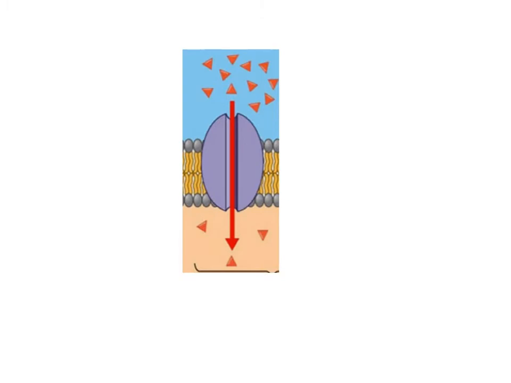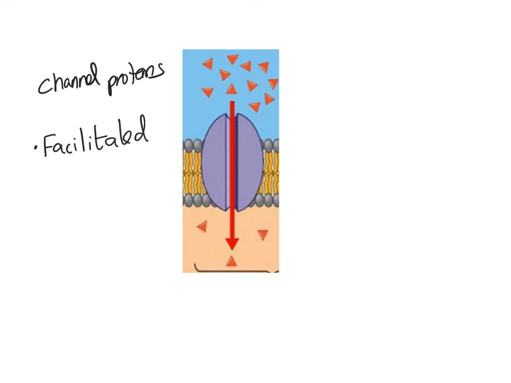Molecules which are large or charged are not able to diffuse directly across the phospholipid bilayer, so they need to have a route through which they can travel, and that route is often provided by channel proteins. So they need help in order to diffuse through, and that help is provided via facilitated diffusion.